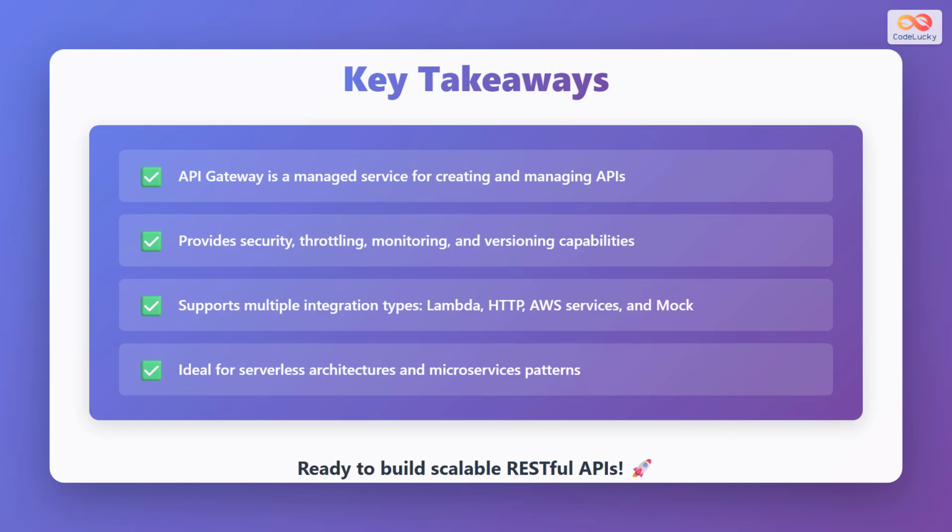API Gateway is particularly ideal for serverless architectures and microservices patterns, where it acts as the intelligent front door to your application. With this foundation, you're now ready to build scalable, secure RESTful APIs using AWS API Gateway.